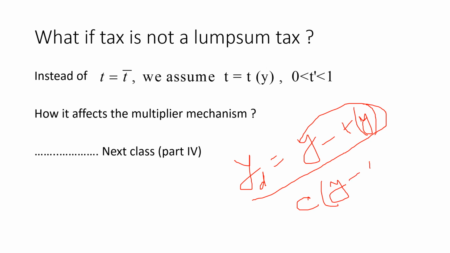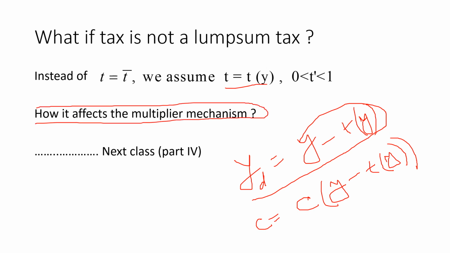Now we are incorporating the tax function here. So instead of C as a function of Y minus T bar, we are now using a consumption function which looks like this. Now we are interested to know, if we change this, how it is going to affect our multiplier mechanism. Is it going to affect it at all?